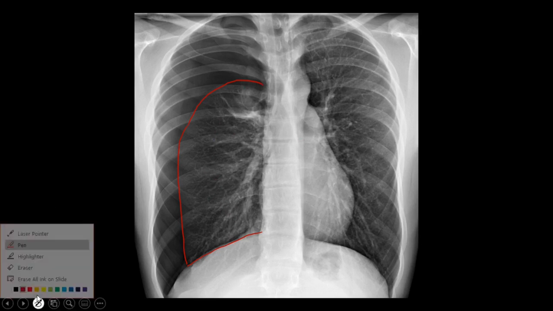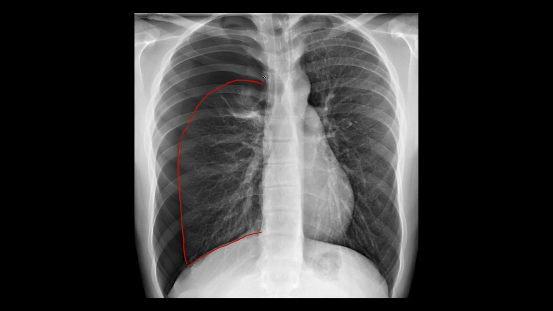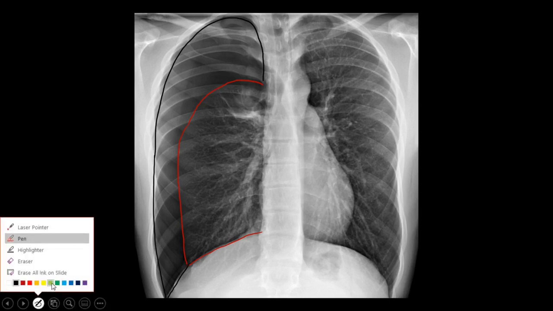So therefore, the pneumothorax is on the outside here. So this is your imaginary lining of the parietal pleura. That's the visceral, and in the middle we have the pneumothorax.